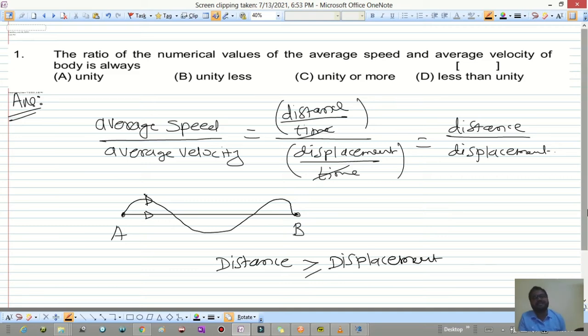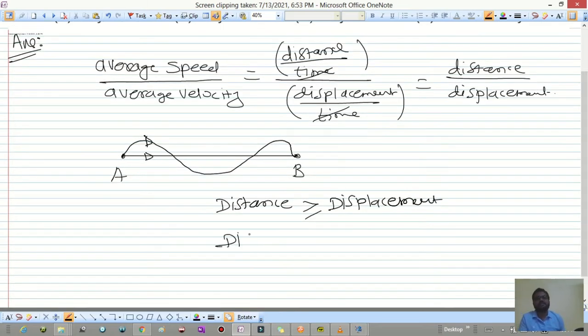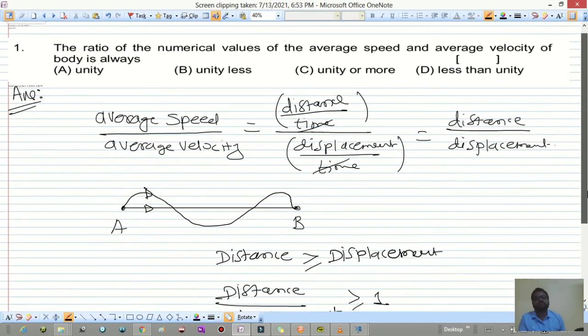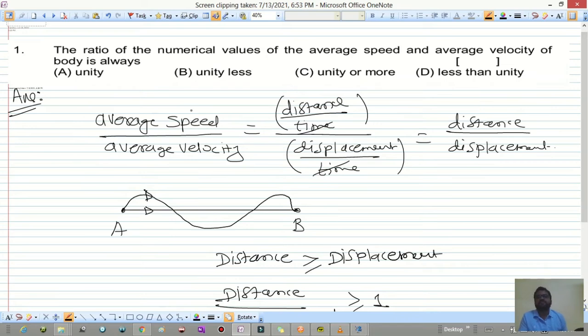That indicates distance by displacement, if you divide both sides by displacement, must be greater than or equal to unity. Less than unity is not possible. So unity and more is the answer.